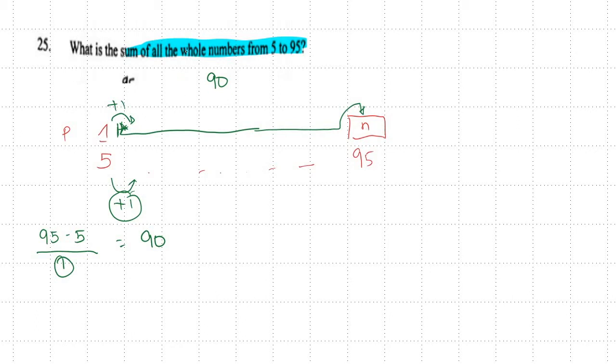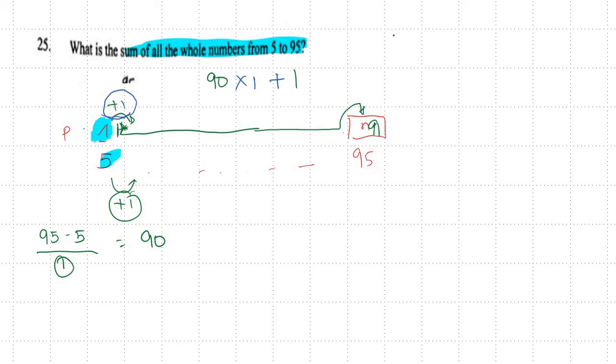This number is actually 90 times 1. Why is it times 1? Because on top every jump is 1. Then you add back, because now the start is from the second number, so you must add back your first number, which is 1. So here is actually 91. Here is pattern 91.